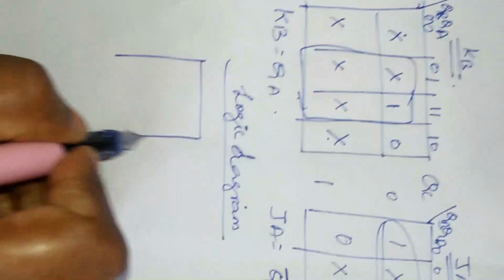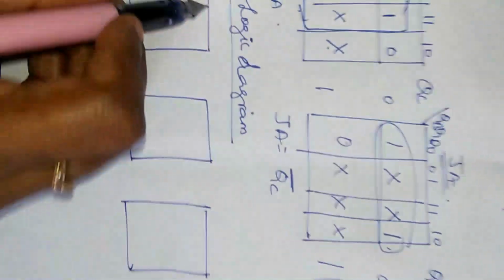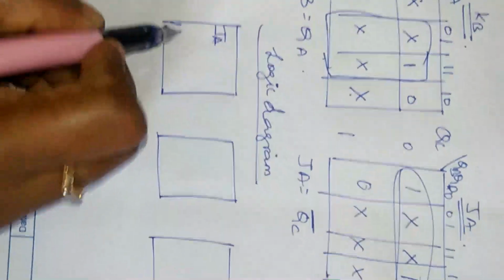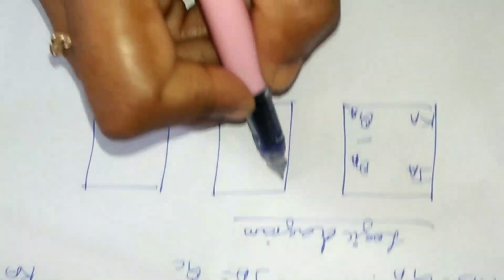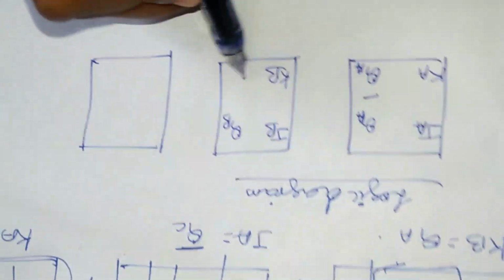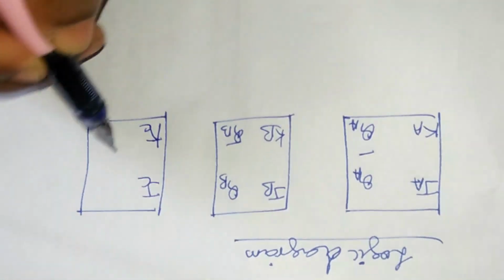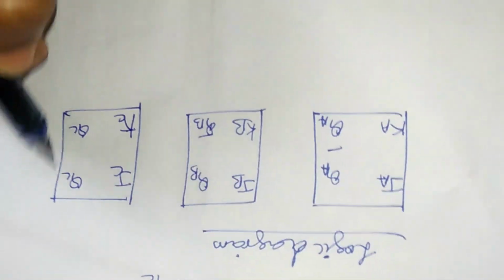So here we have JA, JB and JC. Your JA, KA, QA, QA bar, JB, KB, QB, QB bar, JC, KC, QC and QC bar.